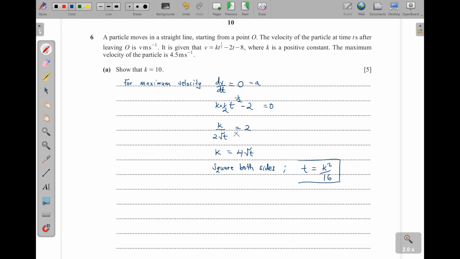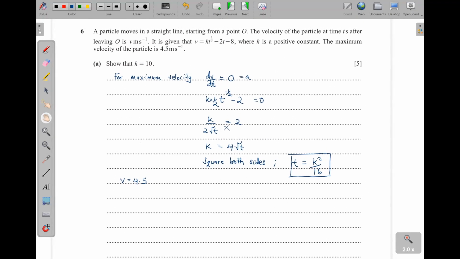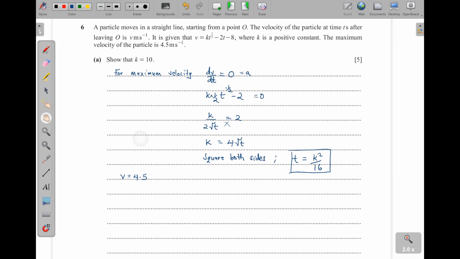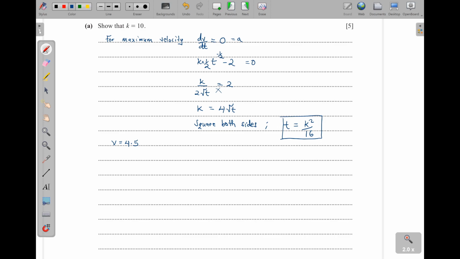So let me keep this one. Then they say that v is equal to 4.5, the maximum velocity of the particle. So now I can substitute. This is the value of t. If I'm to find the maximum velocity, I put that value of t in the expression for v, which is k t to the power of a half, minus 2t, then minus 8.